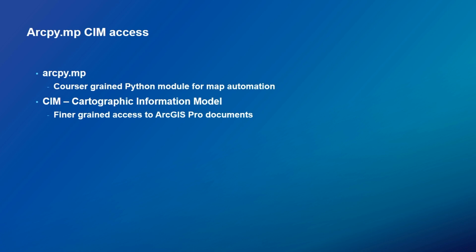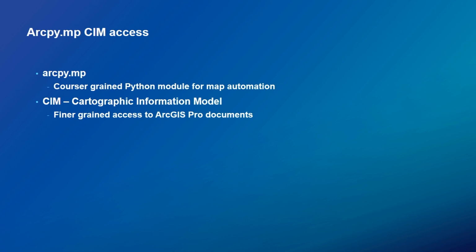It's finer-grained access to everything that you can persist in one of our documents, whether that document is an APRX, or it's an LYRX, a layer file, or a MAPX, or a PAGX. All the SIM is, is the instructions for how we persist all this information to file. That's all that it is. And it's either in a JSON structure or it's XML. An APRX is actually a bunch of compressed XML files.